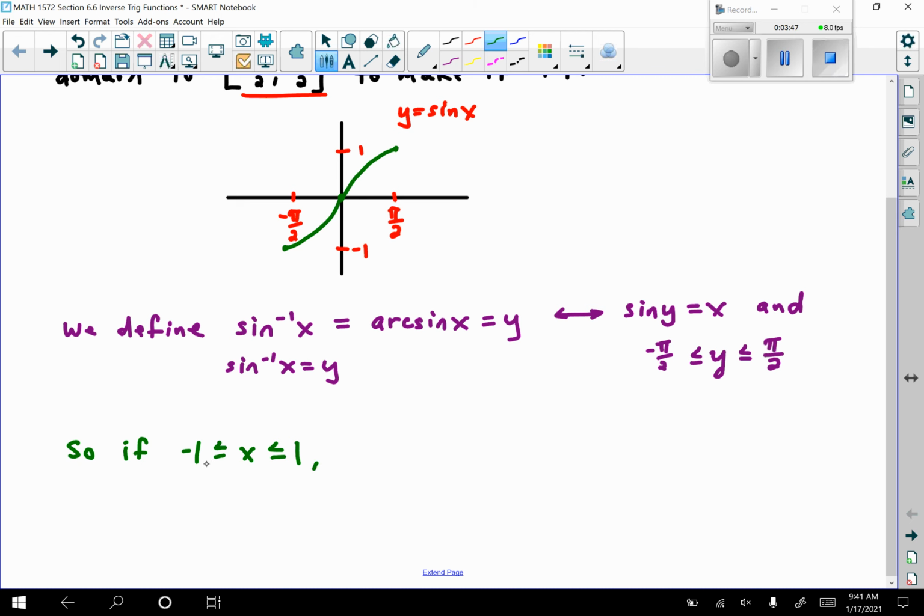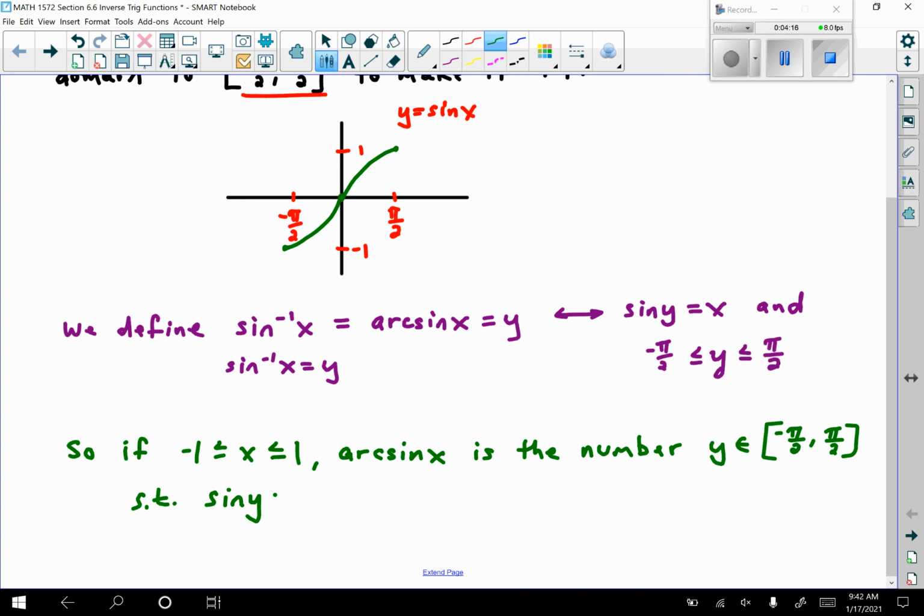All right, so if x is in between negative 1 to 1, then arc sine x is the number y that's contained in this closed interval from negative pi over 2 to pi over 2, such that sine of y is equal to x.